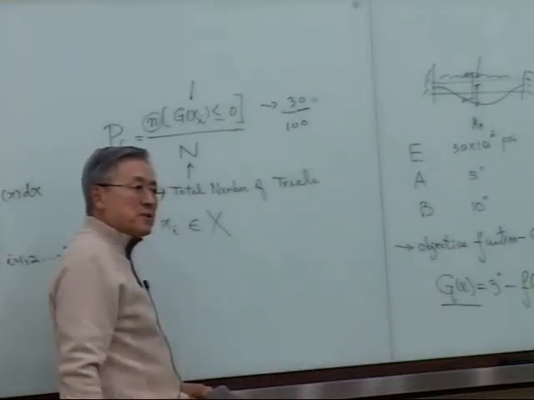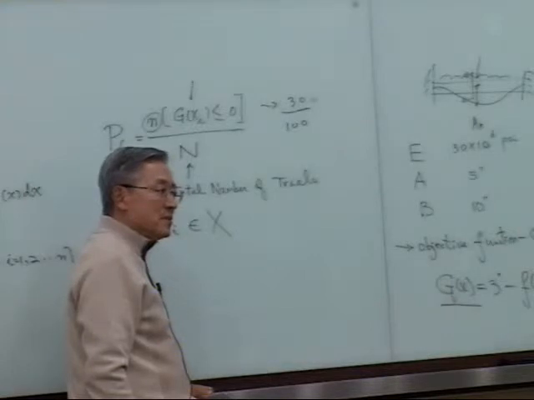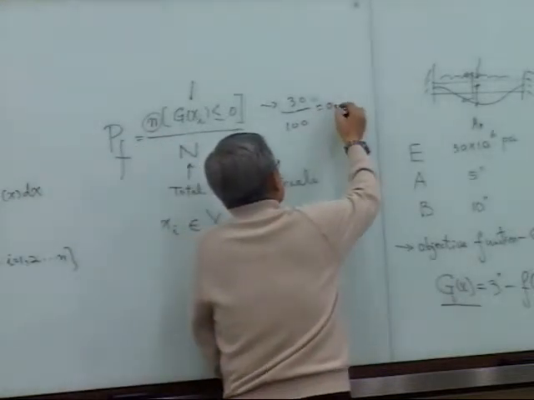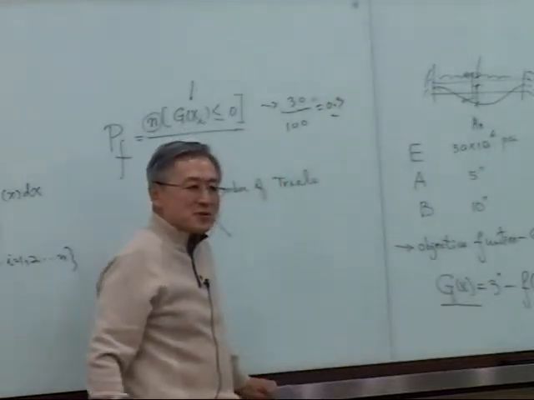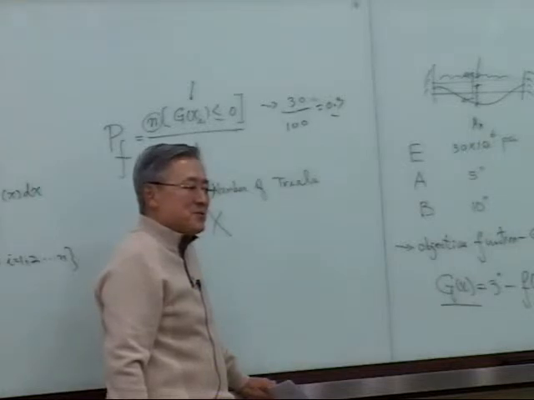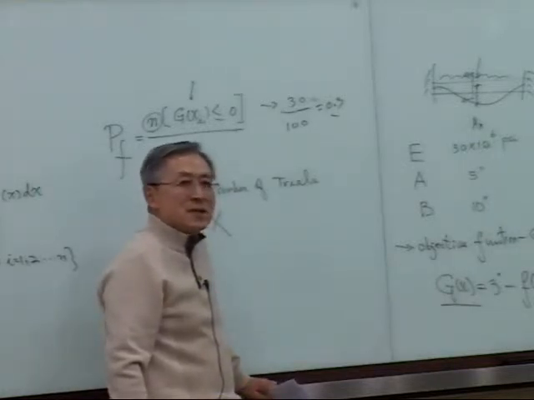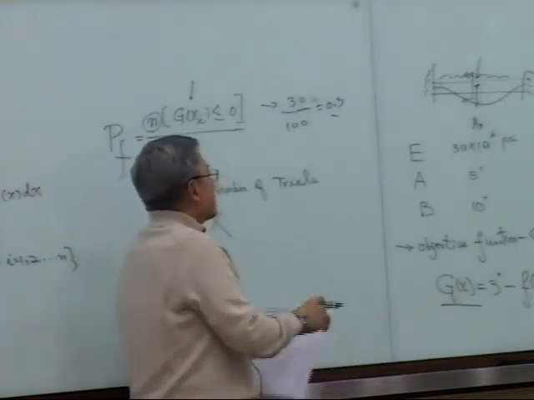Then your probability of failure is 0.3. But just a quick example here, which, as far as structural reliability is concerned, is terrible. That's totally not acceptable. So that's what you have to compute.